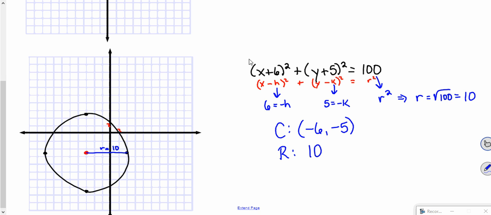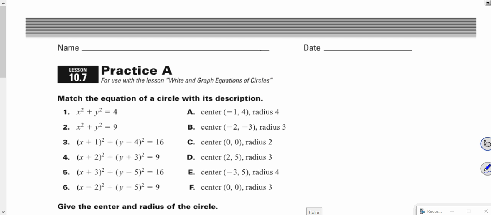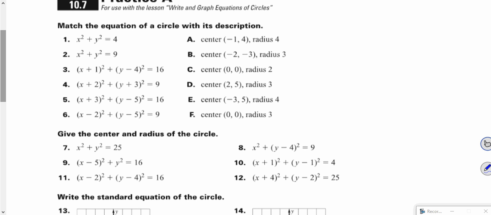It's pretty straightforward. Practice A says match the equation of a circle with its description. I'm not going to do any of those together because I think that is pretty self-explanatory. You're just picking out the center and the radius.